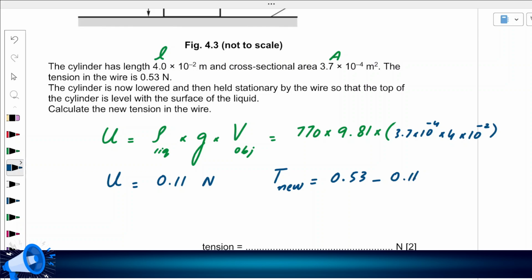So the tension in this case would be smaller because a vertical force, an upward push, is provided by the liquid that we know by the name upthrust. So you subtract these two and you'll be getting 0.42 Newton.